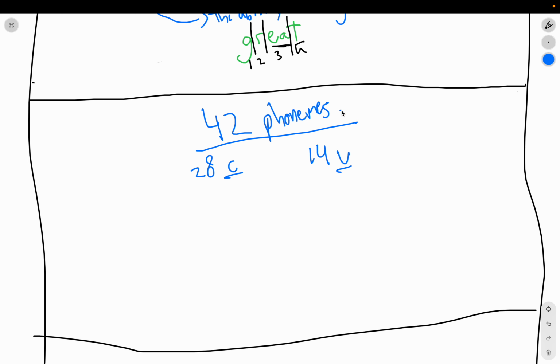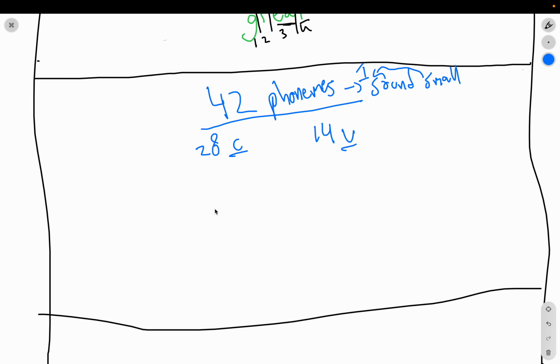And if you're getting confused at this point, remember a phoneme is just a sound. One single small sound. So it's helping students learn there's 42 phonemes and beginning by teaching them the most common spelling.